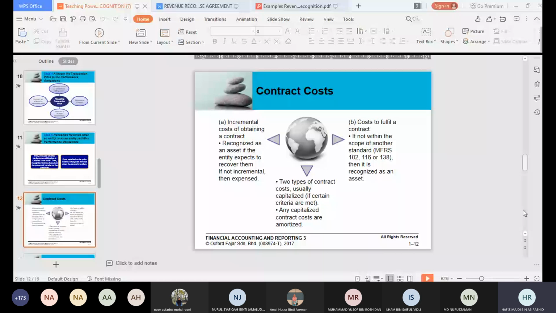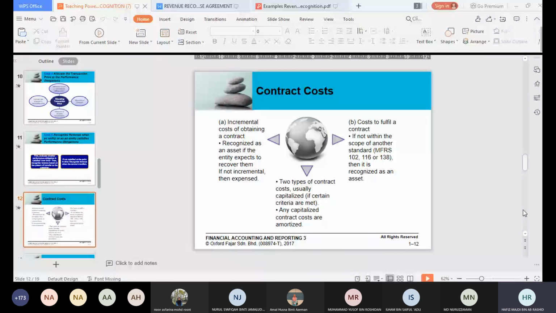If this cost can be capitalized under a specific asset standard, for example inventory, that is MFRS 102, or if you're constructing a plant or factory building, that is property, plant and equipment, so you can capitalize the cost under MFRS 116, or under MFRS 138, which is intangible. Then you capitalize it under the appropriate standard.